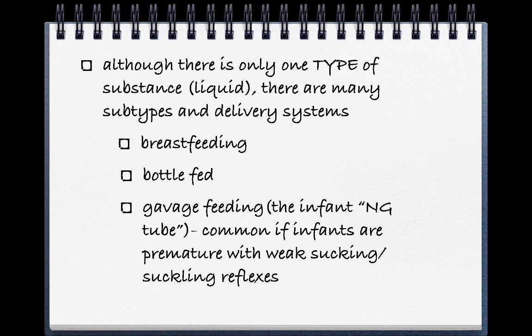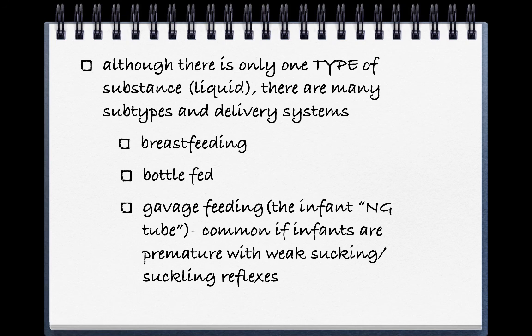Finally, I wanted to say that despite the fact that there is one type of substance in neonates, that would be liquids, right? Because they're not going to be eating solids yet. There are many subtypes of liquid and bottles and delivery systems. So infants in NICU will sometimes be breastfeeding, which means that the mother will be, in all likelihood, right there most of the time.